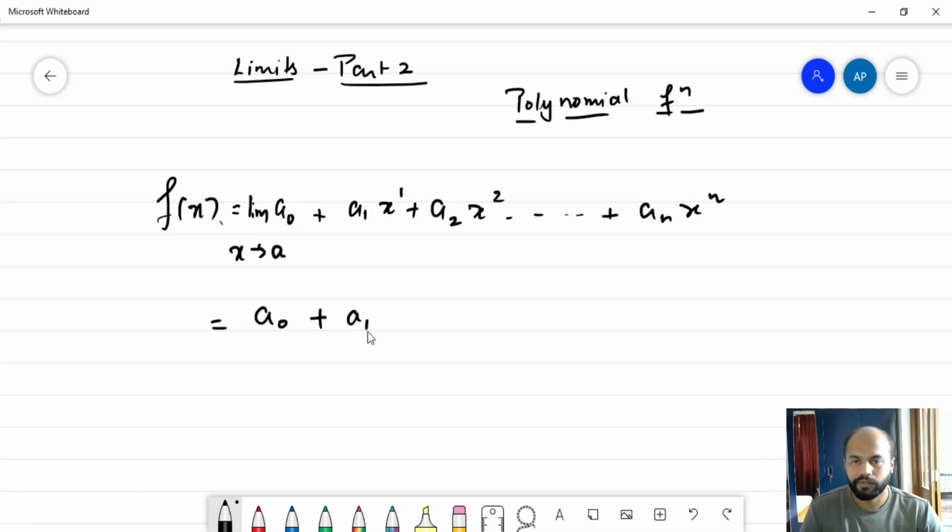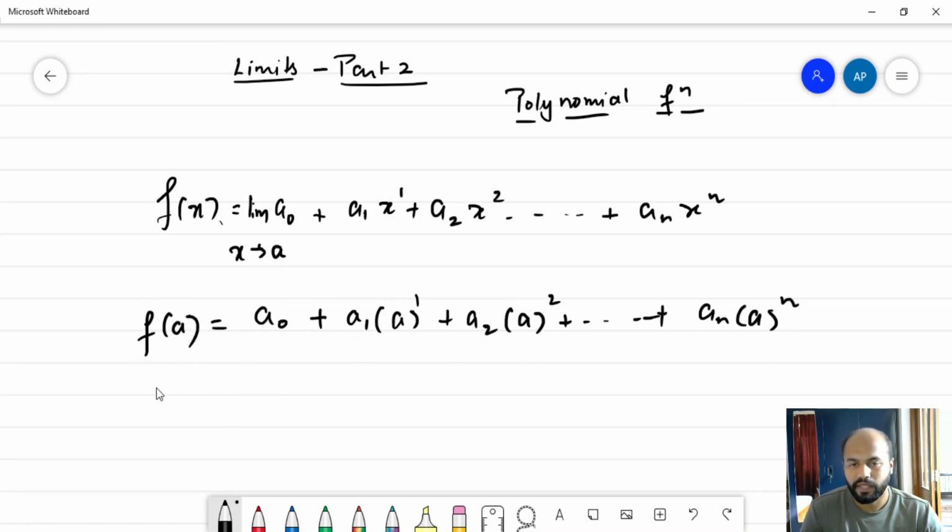However, a1 becomes a raised to 1, a2 becomes a squared, and so on, and then an becomes a raised to n. This is what we'll get, and that will be f of a finally. So that will be the value of this function, or when we apply the limit, this will be the value of that limit. So it has to be written in this way: limit x tending to a of f of x, the value of which would be this.